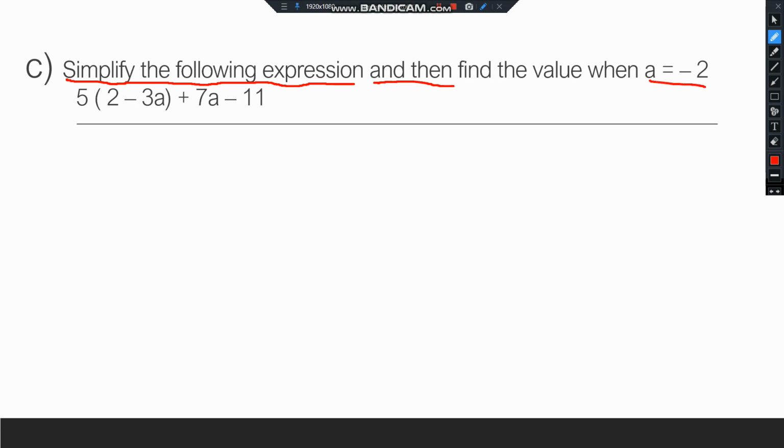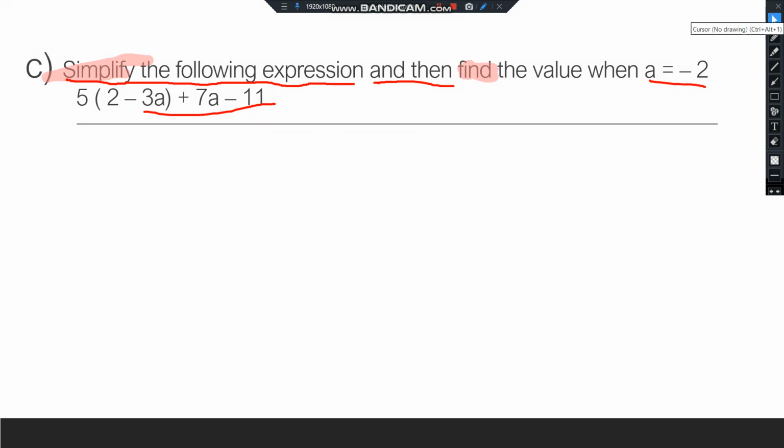The question says simplify and then put the value. So if you put the value directly in this expression, then it goes wrong, rather incomplete, because the first part of the question says simplify the following expression. So you must have simplified, right? Simplify and then find. So these are the two parts of the question.